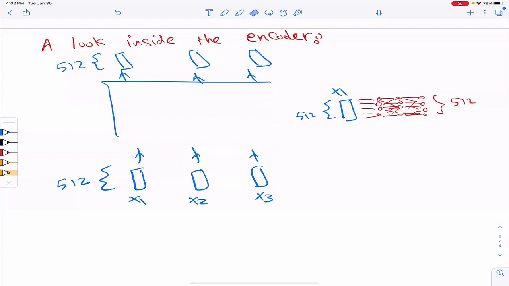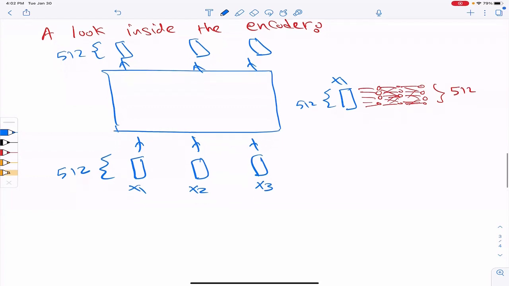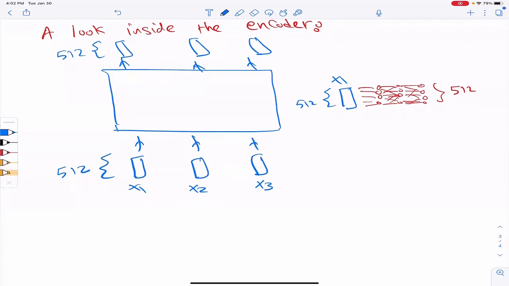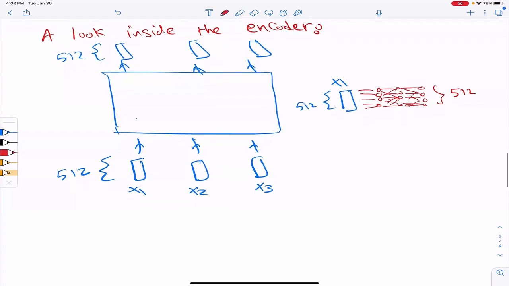Okay, so here we have a fully connected feed-forward network.